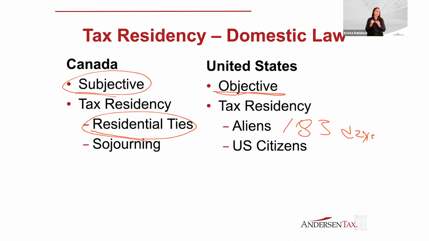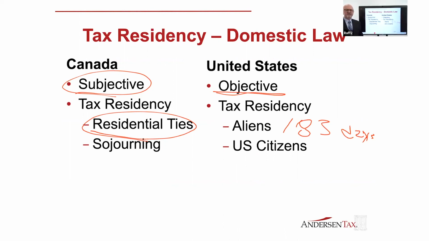US citizens are US persons and have to file continuously, no matter how many days they spend in the US, but you still want to look at the time spent in the US for determining the sourcing of income and who gets the first right to income. And so when you're looking at residential ties, that's what you're trying to get to.